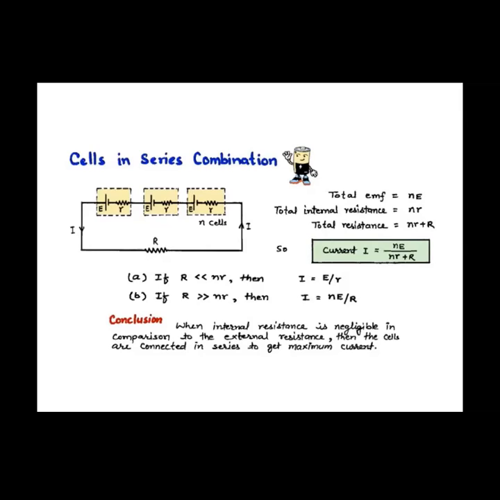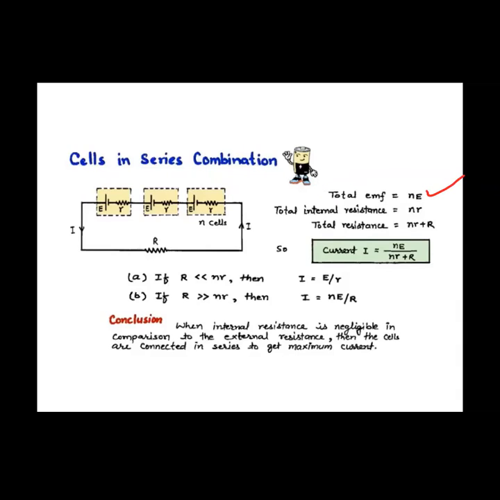So the EMF of a single cell is E. Similarly, all cells have the same EMF. So we have connected n cells, each of EMF E. So the total EMF of the cells in series will be E plus E plus E, n times, so the total EMF will become nE.